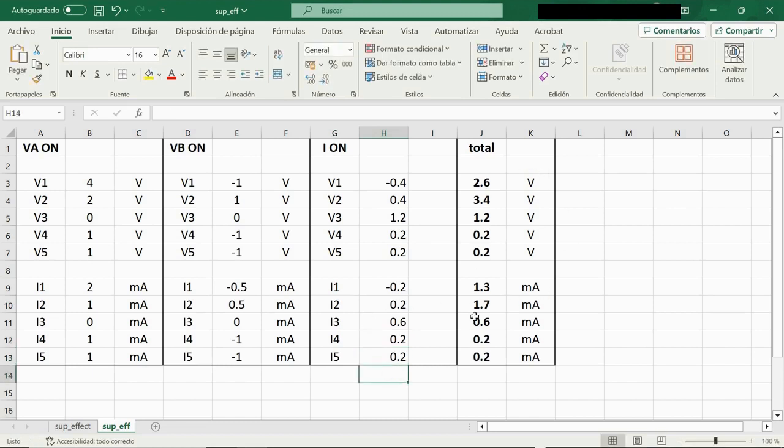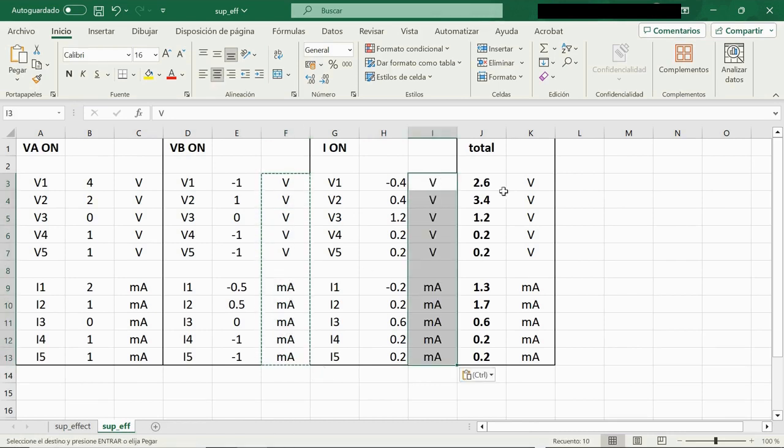So with the contribution of all the three cases that we have analyzed, in which we turn on one source at a time and we turn off all the other sources, just let me put here volt and milliampere, so we can sum up all the contributions and we find the solution.